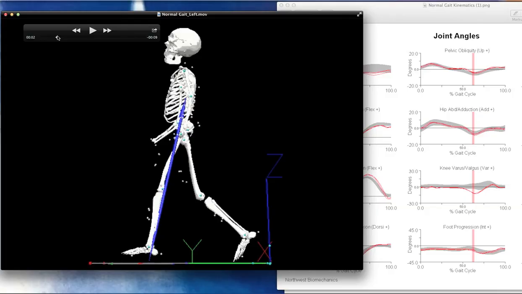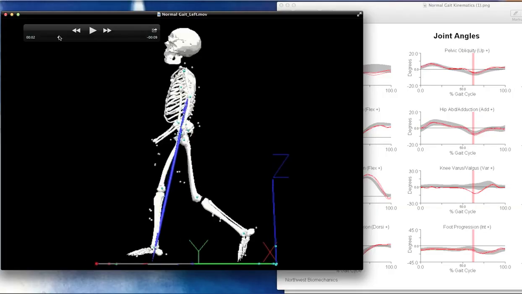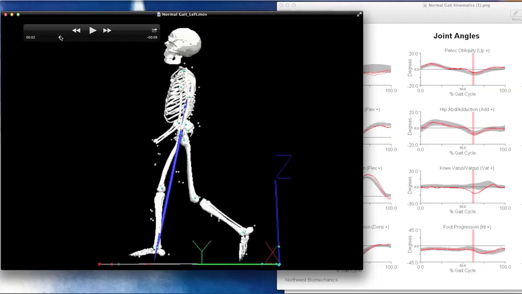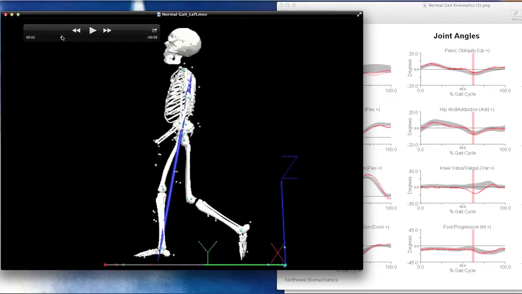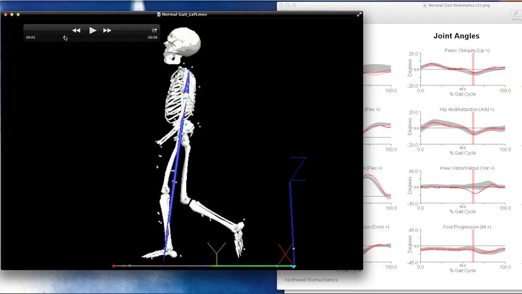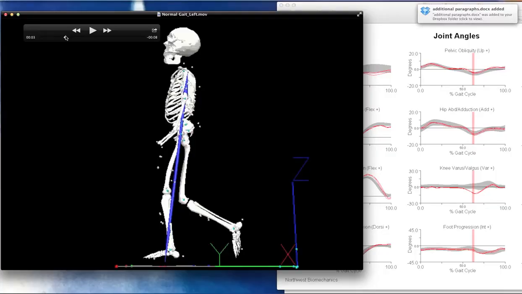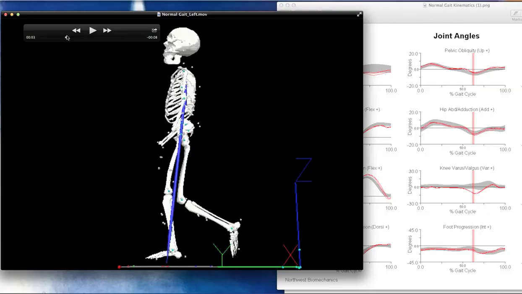And then as we progress toward heel off, the tibia is progressing over a stationary foot. About 30% of the gait cycle, we notice that the heel starts to come off.